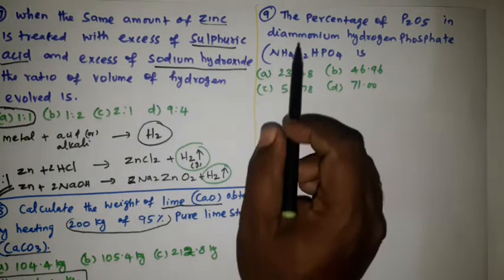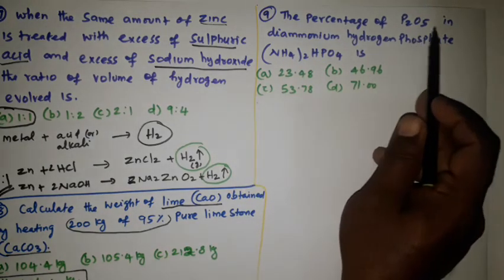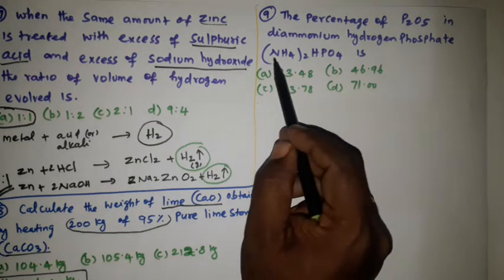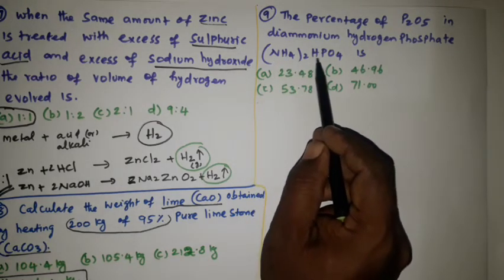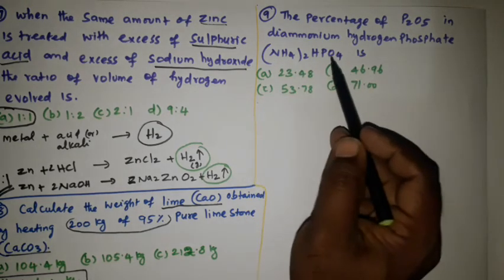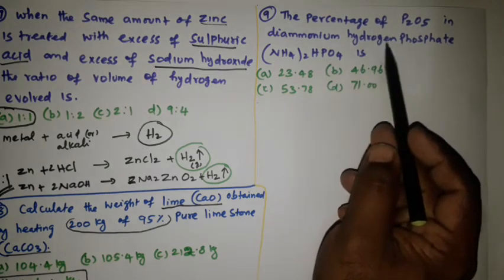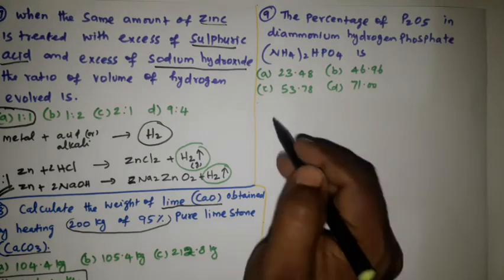Question number 9. The percentage of P2O5 in diammonium hydrogen phosphate. That formula is (NH4)2HPO4. So here P2O5 is present, and you are going to calculate the percentage.